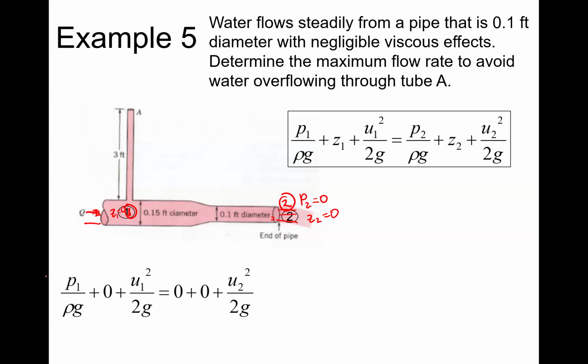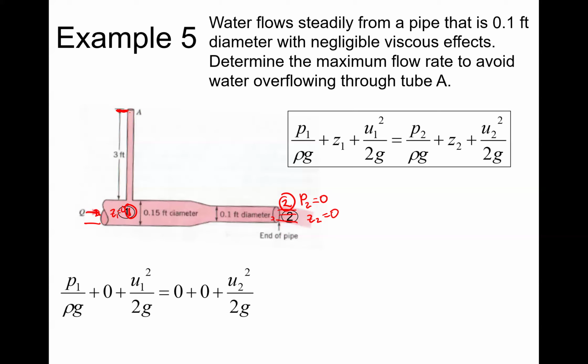By the way, side note before we continue: the height here is 3 feet. The fluid before it overflows is stagnant in this pipe, which means that there is no flow and there are no streamlines along this pipe.